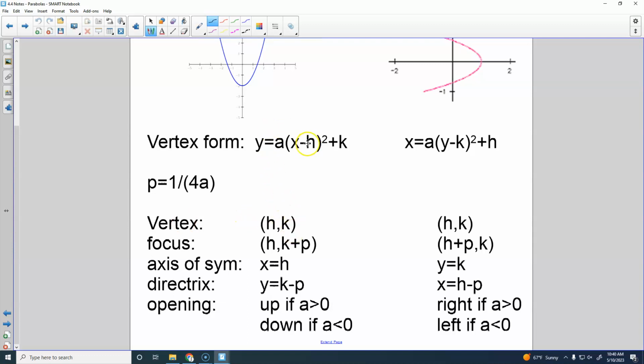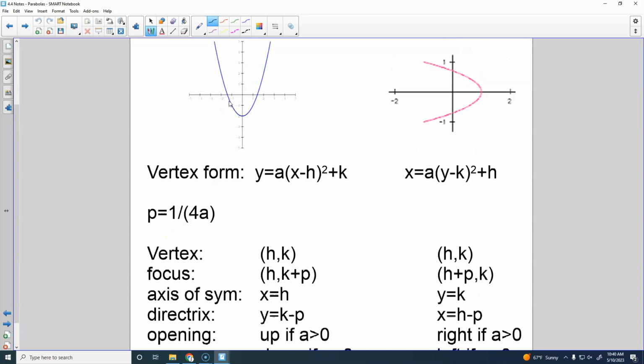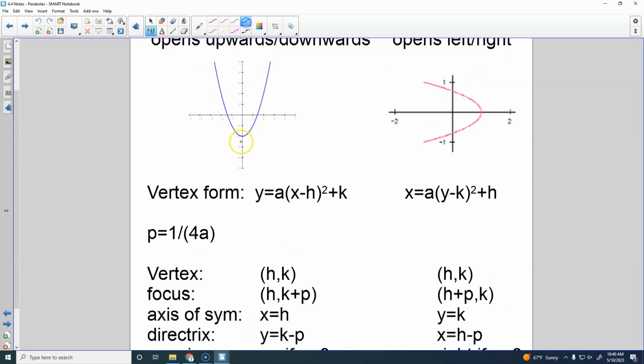This is pretty straightforward. Vertex is h, k. Notice the k is positive here and still positive here, because this moves it to the right h and then up k. So you change the sign of this value, but you do not change the sign here because it's not inside of the parentheses. The focus, whenever you're looking at a focus for a parabola, it's going to be on the inside.